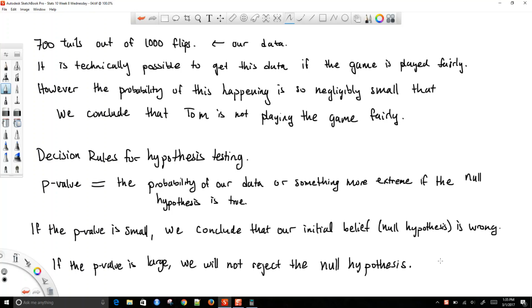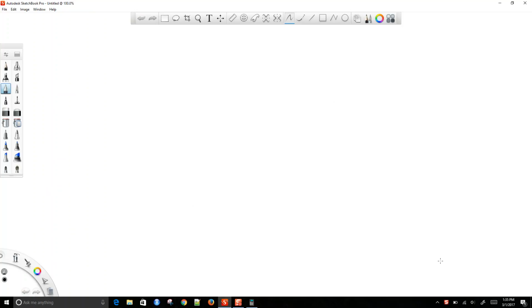All right, so let's try an example out here and talk about how we go about doing hypothesis testing. That's the overview framework, and there are a few parts to a hypothesis test.